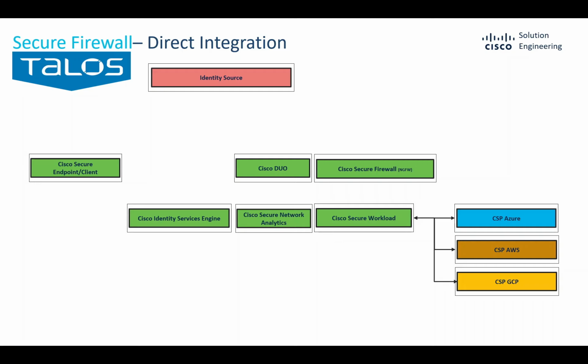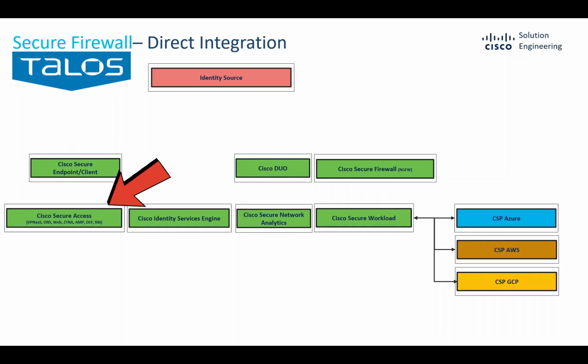Secure Workload can digest that and run application dependency mapping against that and provide policy that we can enforce from a Cisco Secure Firewall perspective. Now, if these policies are in place and as new workloads come online and offline, these policies are dynamically updated on the fly, which is really, really neat, especially when we get into the cloud service provider or the hyperscalers.